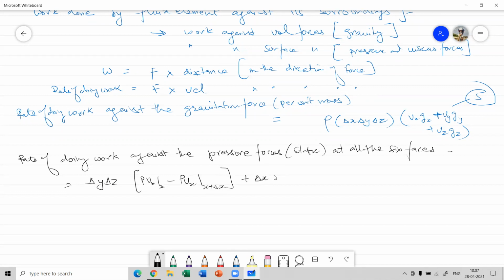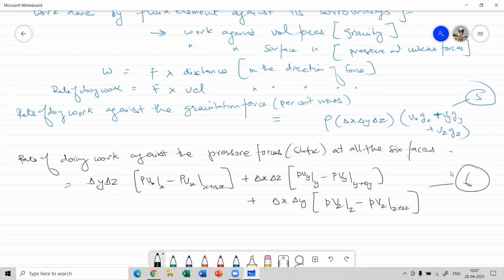In the y direction, delta x into delta z into p into vy at y minus p into vy at y plus delta y, and in the z direction it will be delta x into delta y as p into vz at z minus p into vz at z plus delta z. So let's name it as equation number 6. So this is work against the pressure forces.